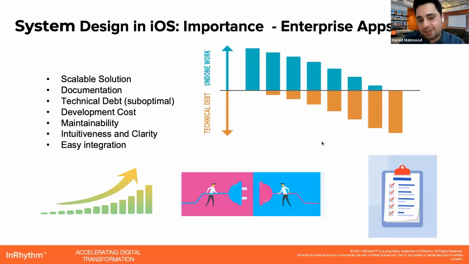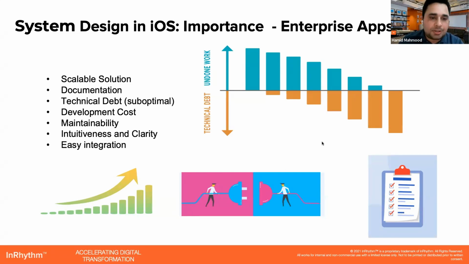Intuitiveness and clarity. When you build a better system design, all the resources you involve, including devs and any other stakeholders who try to understand your system design, will find it clearer, so they can simply understand it without getting too deep into the details of your software architecture.